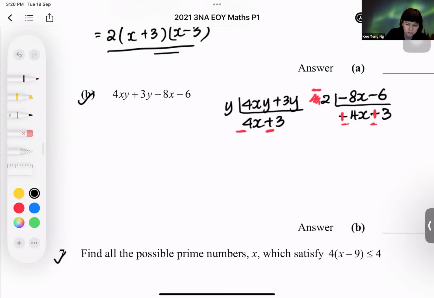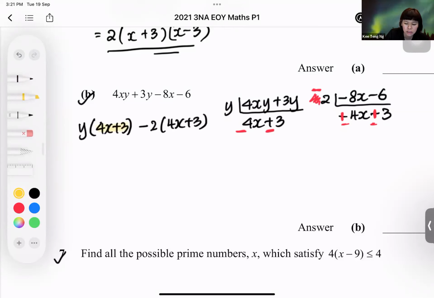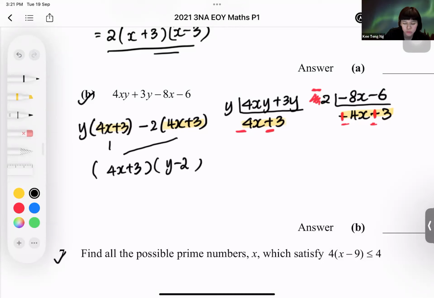So in this case, the working over here, y will be 4x plus 3 minus 2, 4x plus 3. I must always make sure that these 2 brackets have the same terms and the same sign. Then after that, the one that is repeated, we only write 1 time. So that will be 4x plus 3. The other bracket will be y minus 2.